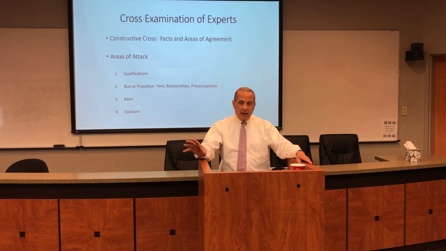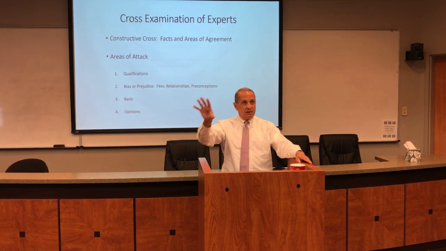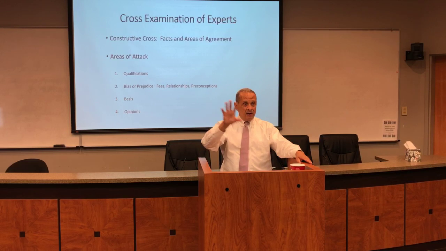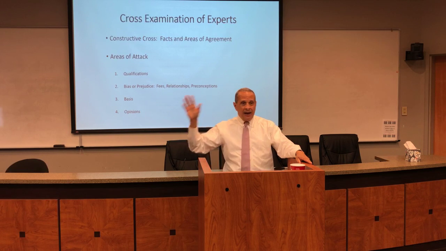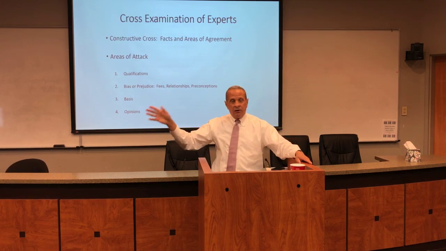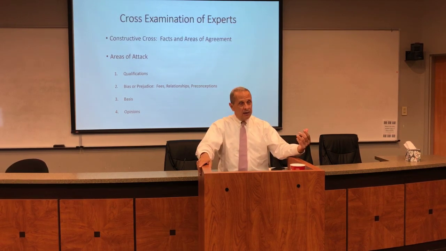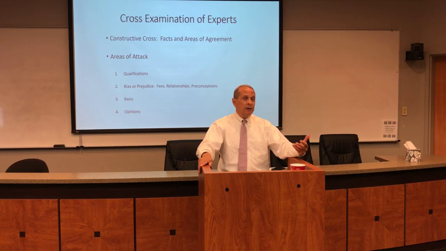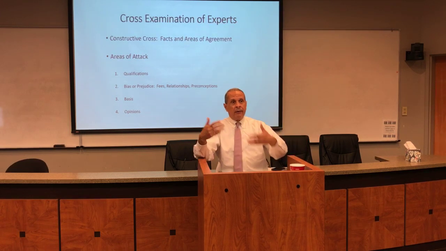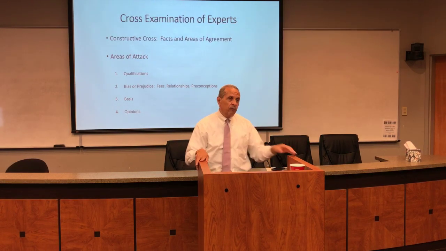So you have to pick the areas of his conclusions and the underlying basis for his conclusions that are ripe for attack, and not just try to undercut everything he concluded. There's enough material in the record, in this case, that can raise some questions as to the validity or the value or the weight of Dr. Rosenberg's conclusions, and there's certainly enough for Dr. Barron. Part of your job is to figure out what areas are ripe for cross-examination.